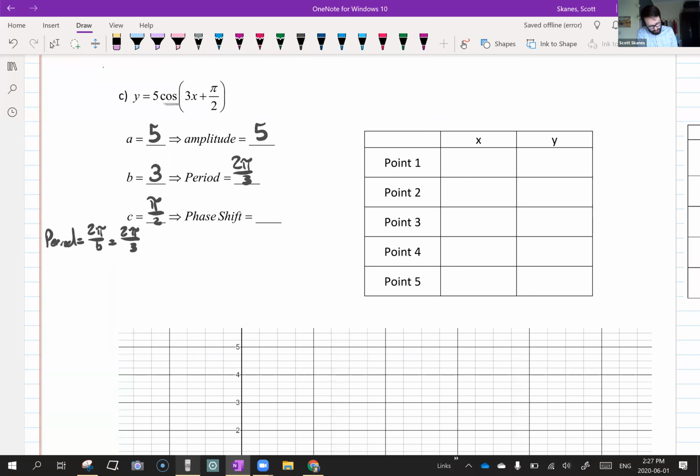Let me write it a different way just in case, some students like different ways. I'm just going to take the period and divide it by 4. I'm just going to take 2 pi over 3 and divide it by 4, and I get pi over 6. That's super important.